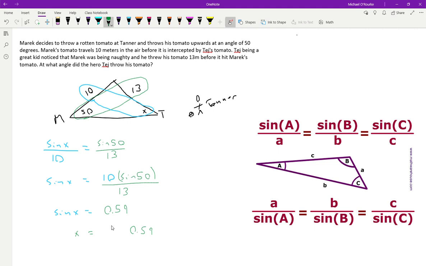Yeah, sine to the negative 1. So I don't think you, not cos. Remember, we're doing sine law, Lawrence, not cosine law. So it should be about 36 degrees.